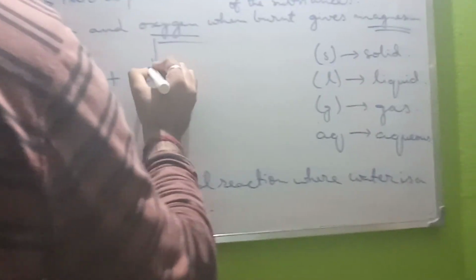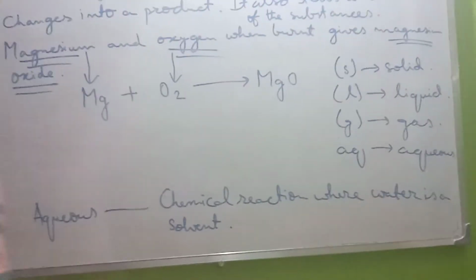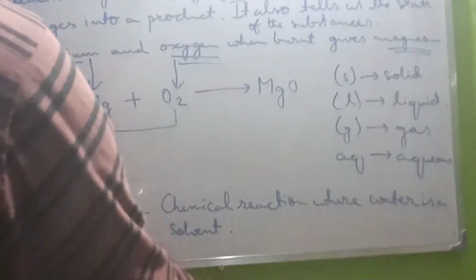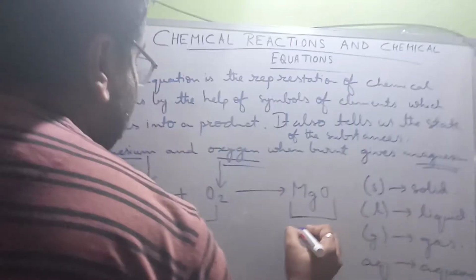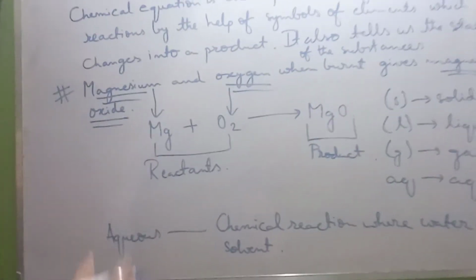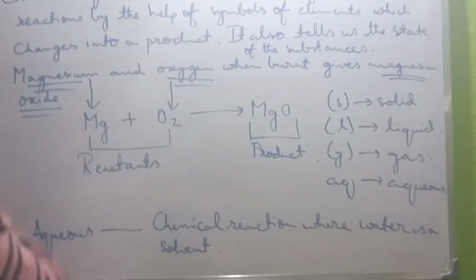Now I represent magnesium by its symbol Mg, along with that I put a plus sign, along with oxygen I write O2, and from here I get magnesium oxide as MgO. So remember, whatever I write in a chemical equation on the left hand side is the reactants, and whatever I write on the right hand side is the product, and the whole thing is represented in the form of symbols.